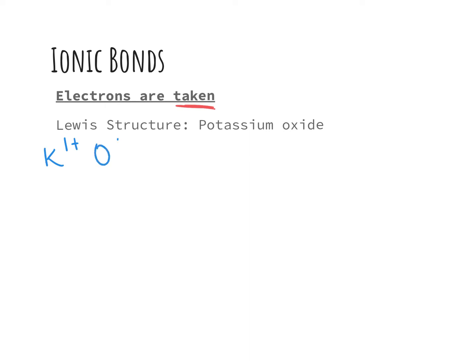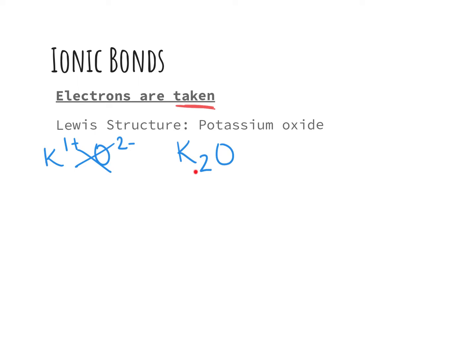Oxide is O with a -2. And then what do you have to do with those charges? Crisscross. Crisscross. So what do we get as the formula for potassium oxide? Okay. K2O. So you have to do this step first.